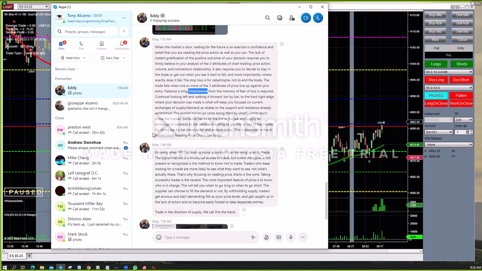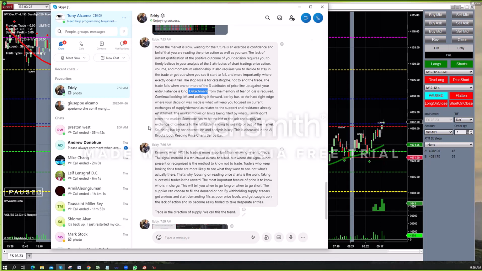Traders who keep looking for a trade are more likely to see what they want to see. So if we keep looking for our signal, we may see a signal, but we forget the other parts like support and resistance, the speed of the bar building, whether it's ticking down on down volume or ticking up on up volume, or vice versa, where it's ticking up on down volume.